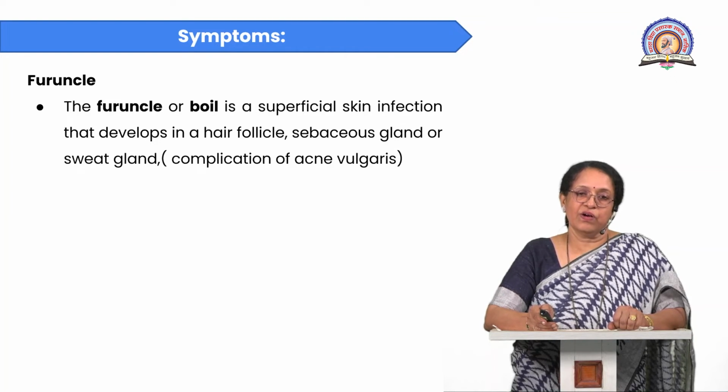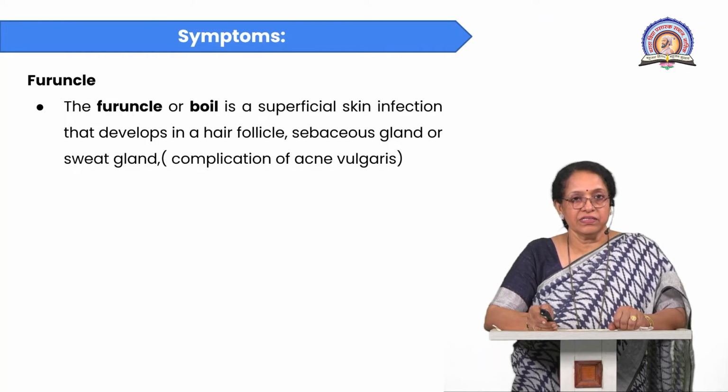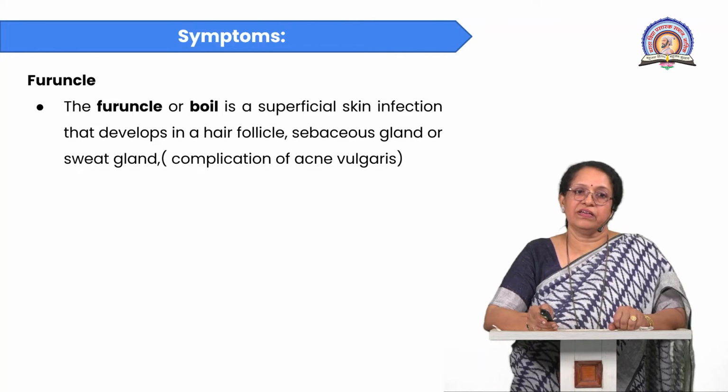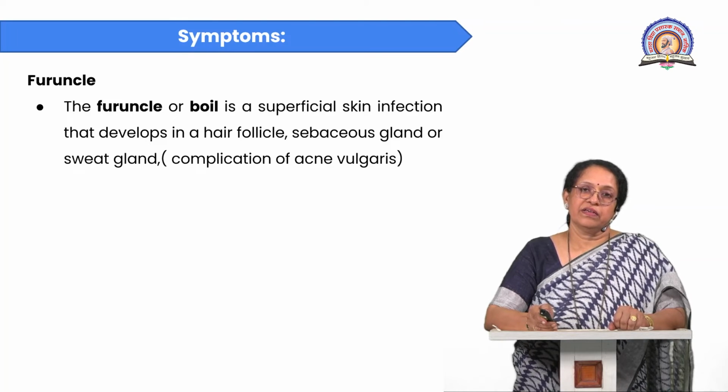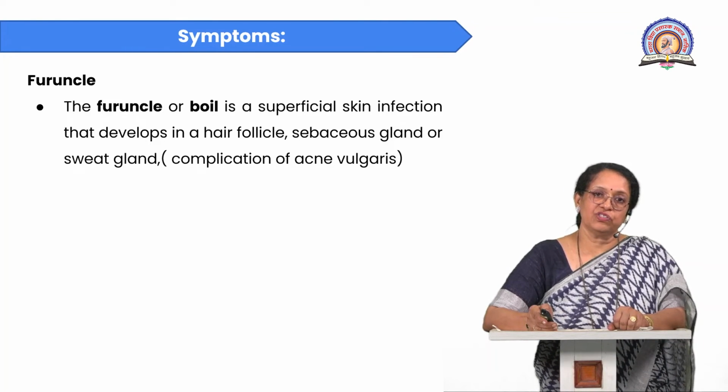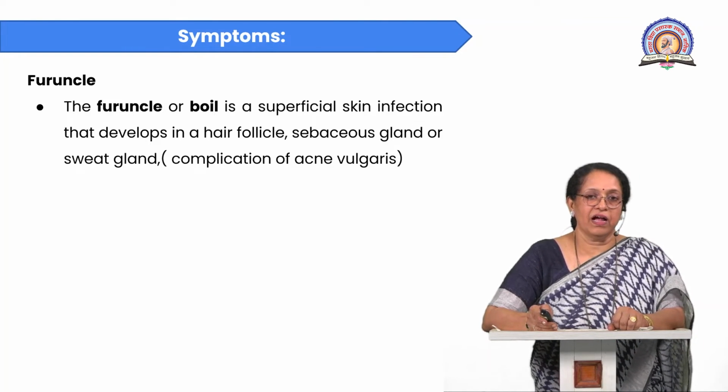It is present on the superficial skin and develops at the base of the hair, that is, the hair follicle. It may occur in the sebaceous gland, or it may enter the sweat gland. It is one complication of acne vulgaris, and it gives rise to furuncle.